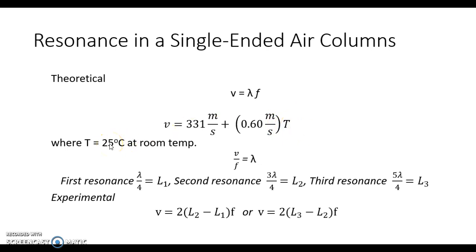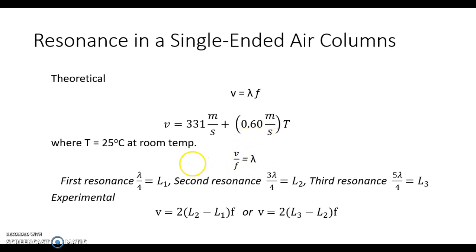For the purposes of our experiment, we're going to assume that temperature is approximately 25 degrees Celsius within our room. If we know that velocity, and we know the frequency at which we're generating from the speaker, we can figure out what lambda is. We can manipulate this equation such that the velocity of sound divided by the frequency of that sound gives us lambda.